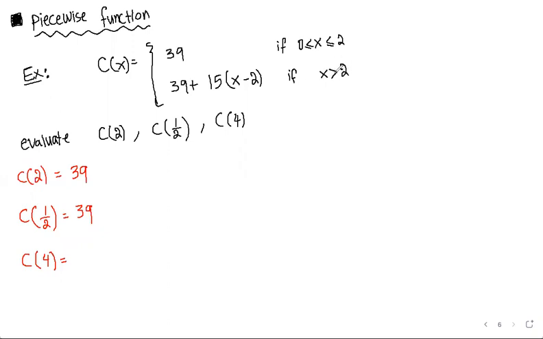This means we have to use the second function to plug in the 4. So 39 plus 15 times 4 minus 2. 4 minus 2 is 2, 2 times 15 is 30, so 39 plus 30 is 69.